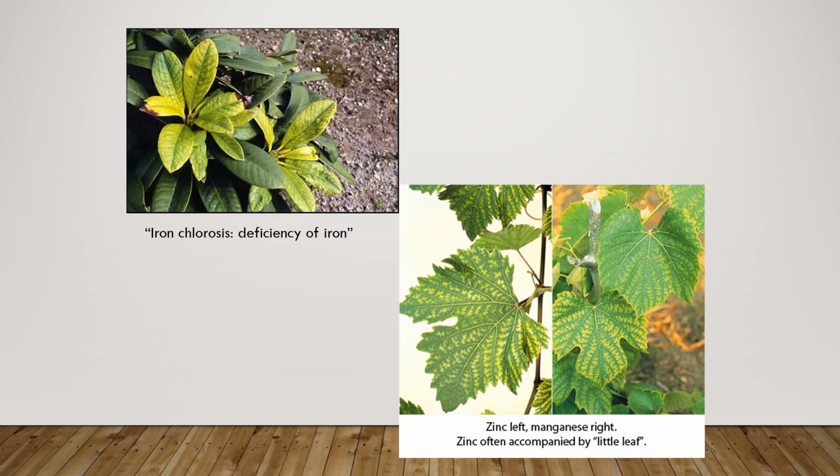Once they start getting up around neutral in pH, they will get this kind of damage, and it's an immobile nutrient, so it's going to be the new growth that shows up this way. And here on the right we have zinc and manganese, zinc on the left and manganese on the right.